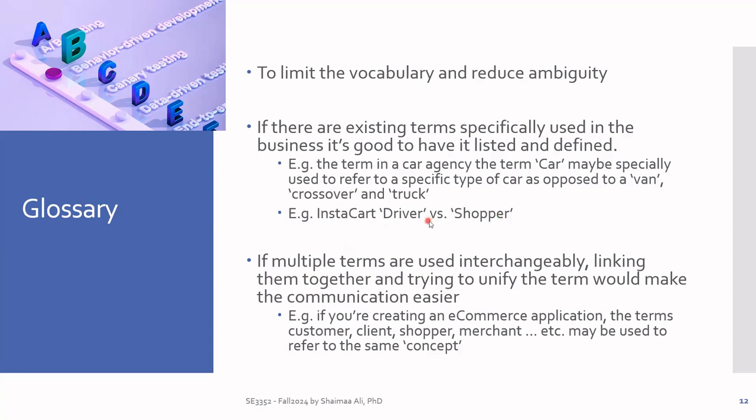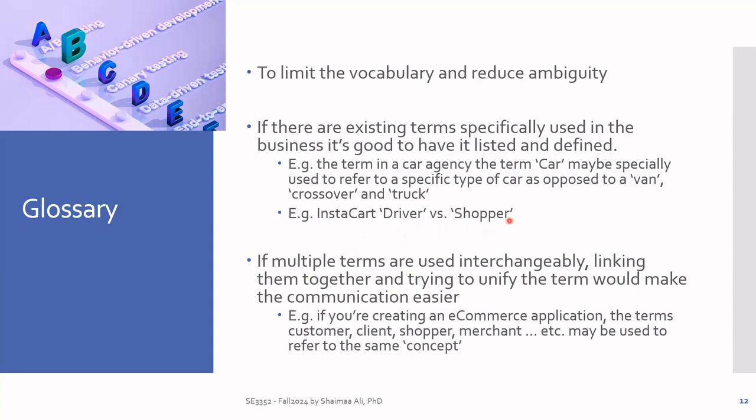That word by itself, if you look it up in the dictionary, may have a different meaning, but for this particular application, the term driver means something, and the term shopper means a particular thing. So that particular definition reduces the ambiguity.